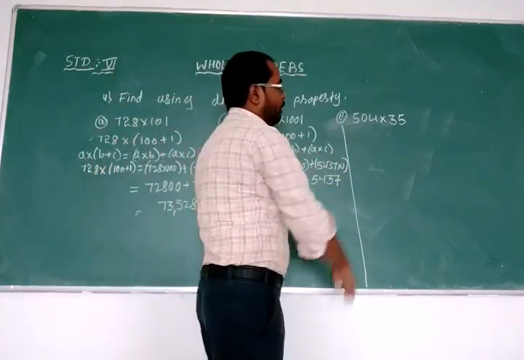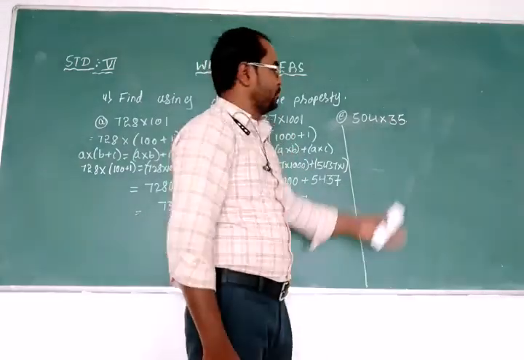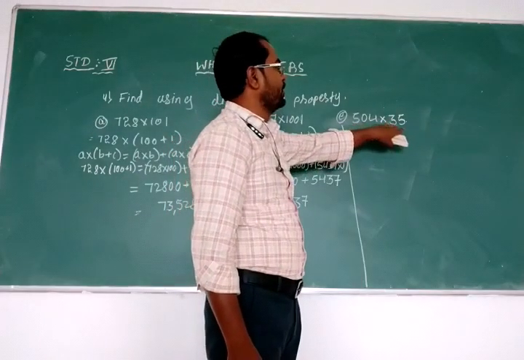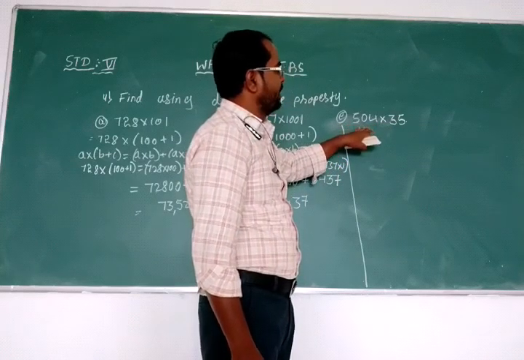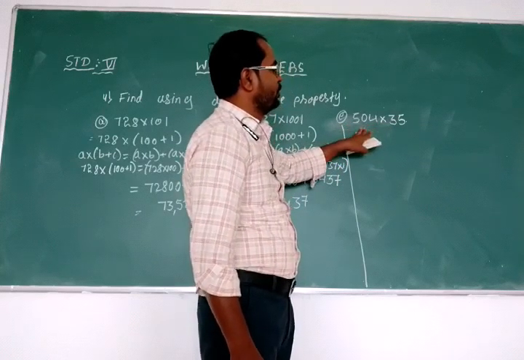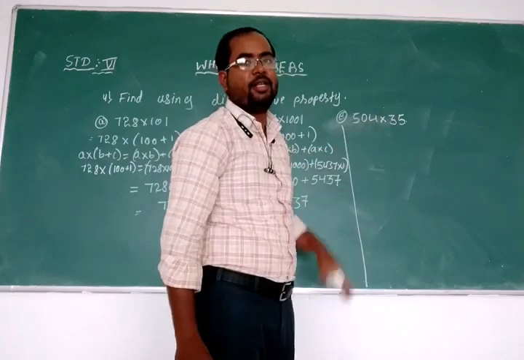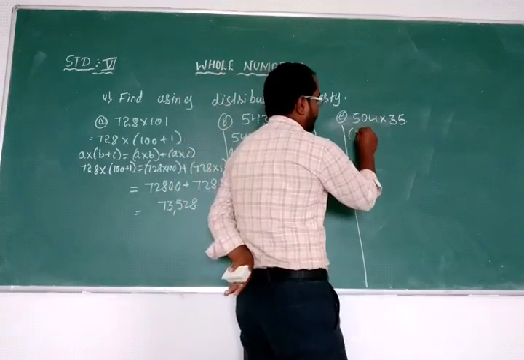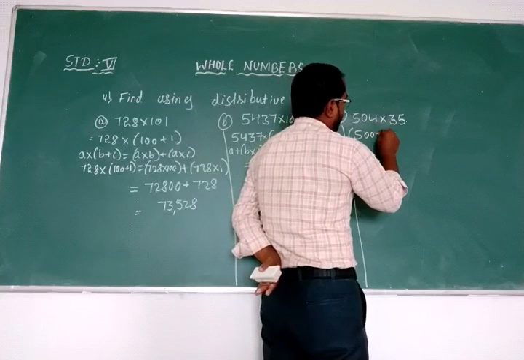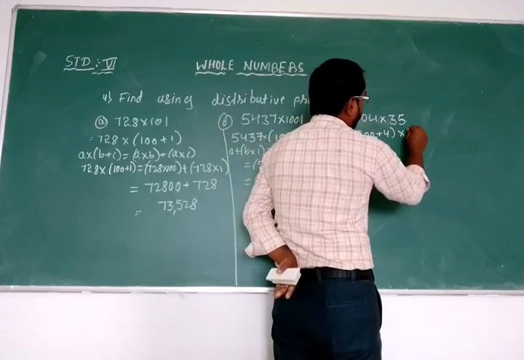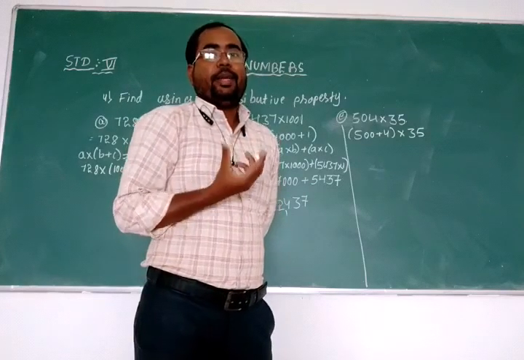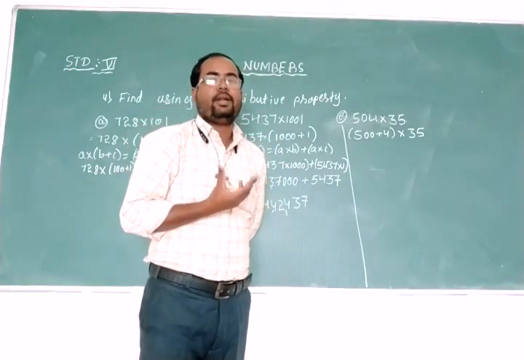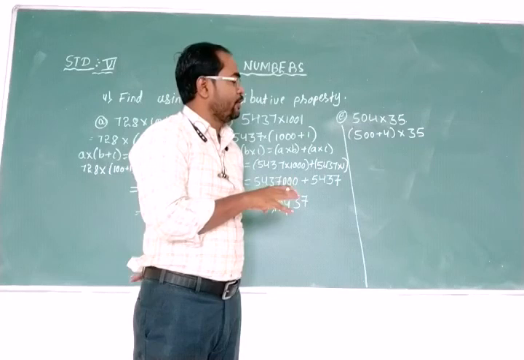So now we have to split a number and write. So 504 into 35 is there. So to get the zeros at the end, it is better that I split 504 instead of splitting 35. So I will split and write 504 as 500 plus 4, into 35. See here, to make this sum simpler, just think which number you have to split.